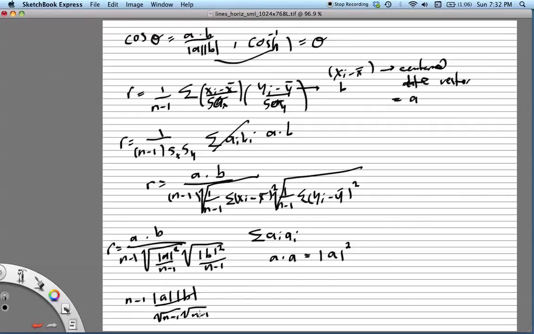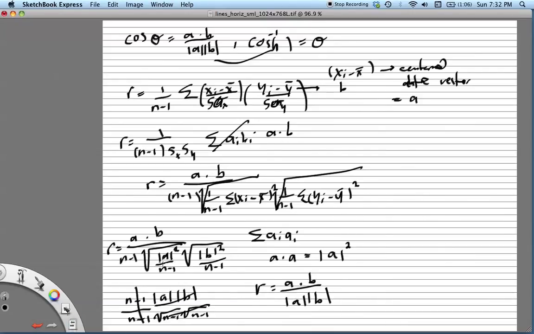Well, square root of n minus 1 times square root of n minus 1 is just n minus 1. The n minus 1s cancel, and we're left with r being equal to A dot B over the magnitude of A times the magnitude of B.